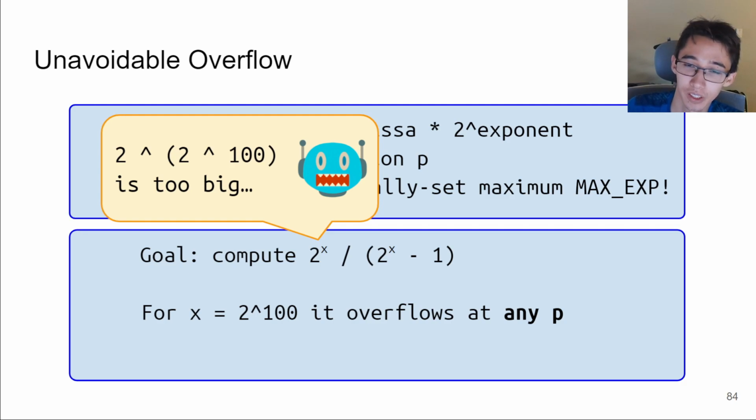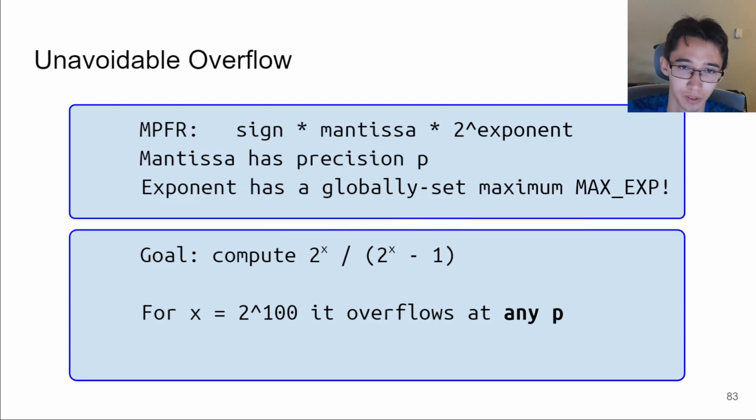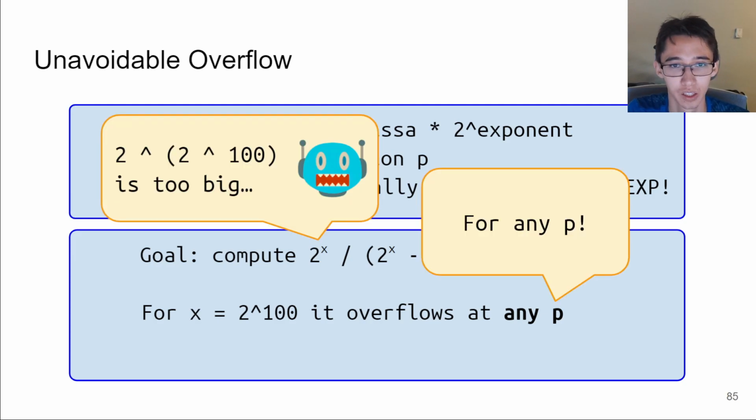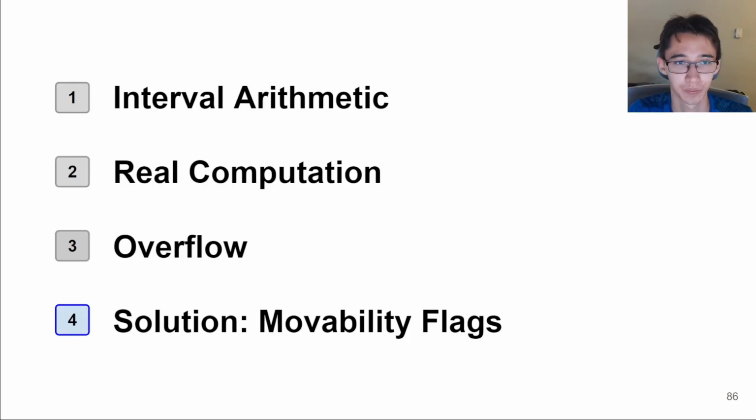Even if we could change the maximum exponent using some other library, you would still be able to find situations where you exponentiate one more time and the number is too big to represent. So this overflow problem is going to always come up in practice, and it wastes a lot of time if we are sampling numbers and trying to compute ground truth.